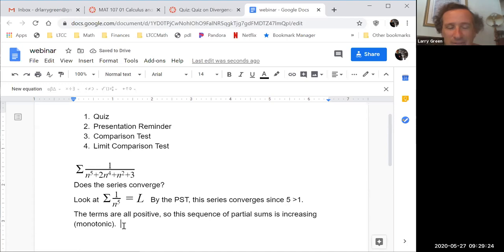Bounded. We'd like it to be monotonic and bounded. Well, the sequence of partial sums is bounded below by 0. Do you all agree with that? You never get negative because you're adding a bunch of positive numbers.